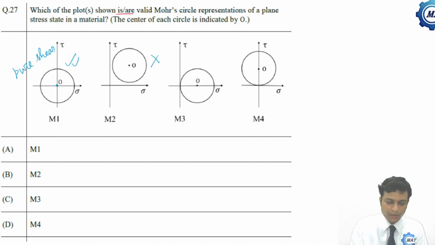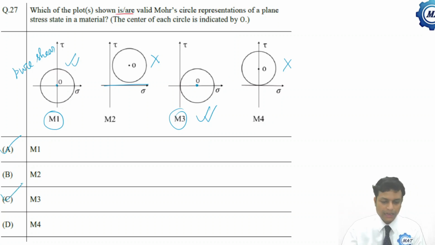This may not happen because this is the axis. The center may not go beyond the axis. Here, this also, the center lies on the normal stress axis. This is also possible. Whereas this never happens. So M1 and M2 are possible. So option A and C are correct. So both the options are correct.